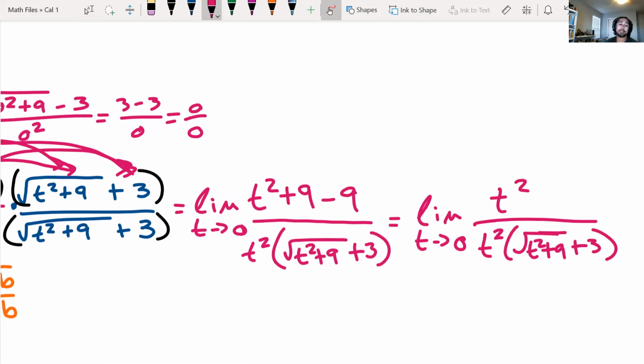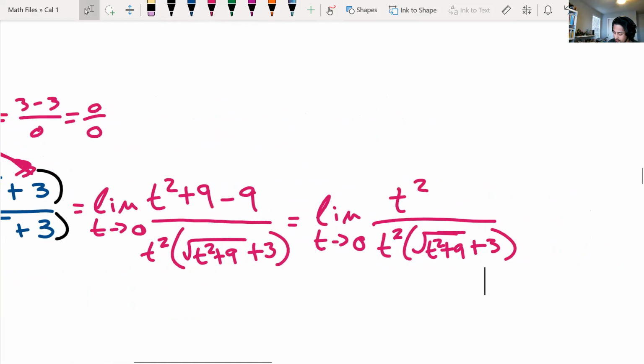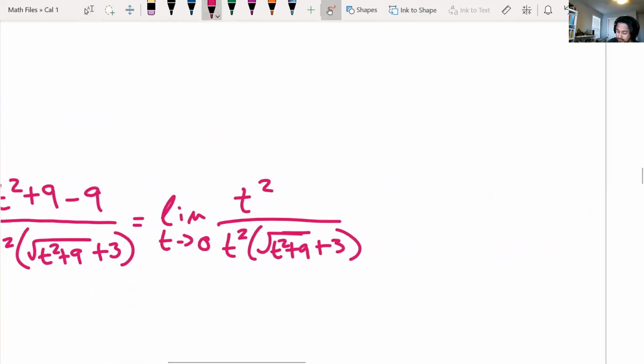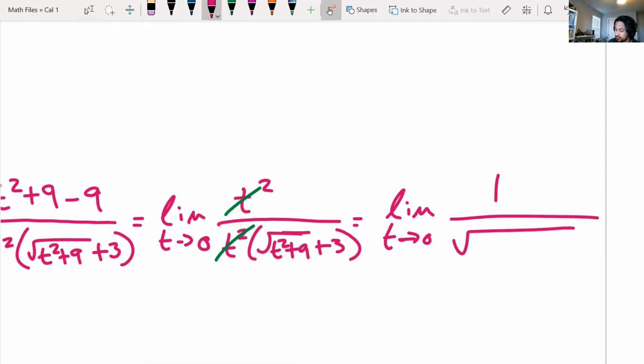And now, simplify more. What else is going to cancel? T squared. Gone. We're left with the limit as t approaches 0 of 1 over the square root of t squared plus 9 plus 3.